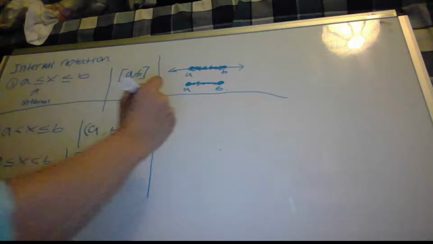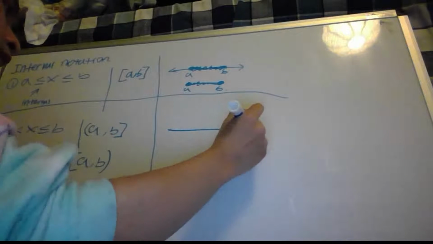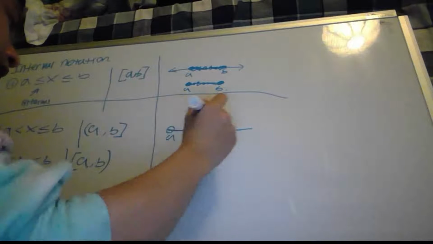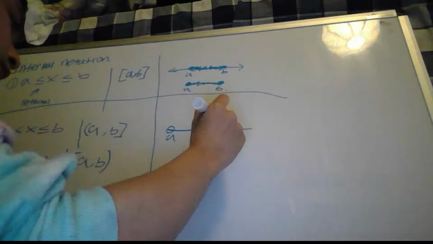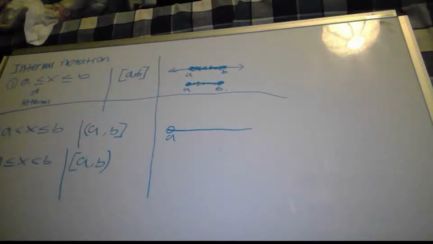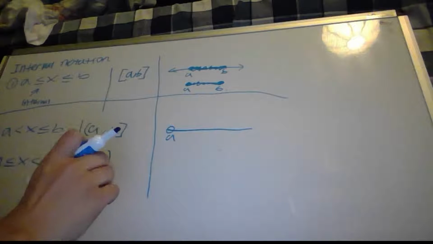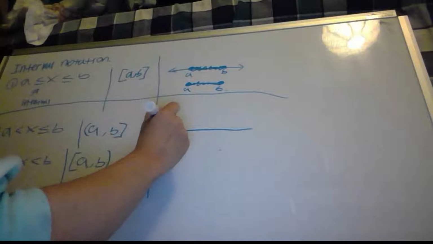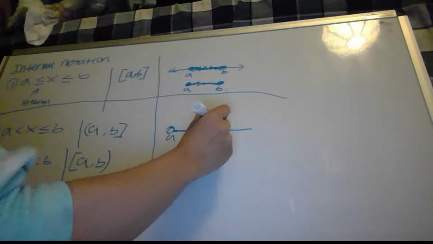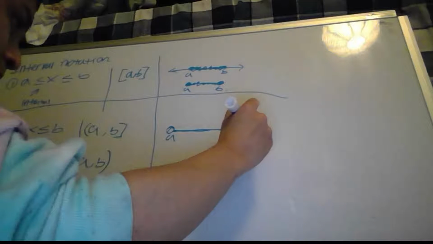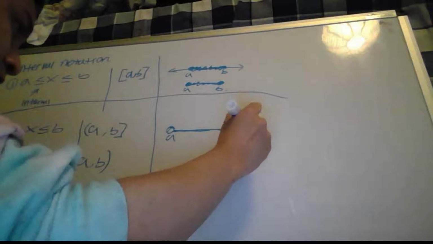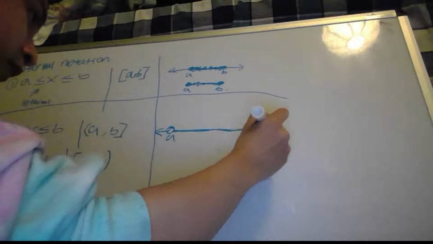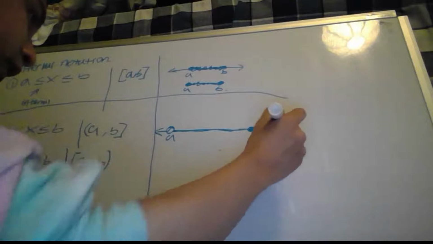And for this one, of course, I can always do endpoints. So basically that's A. I can do it something like this, and then I can say that this closed dot here is B, and it goes on forever, right?